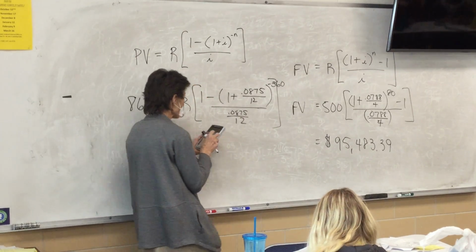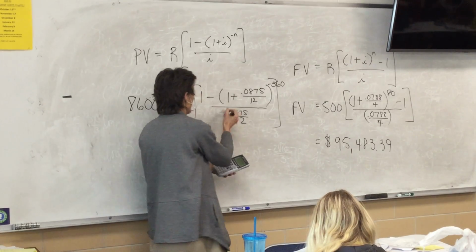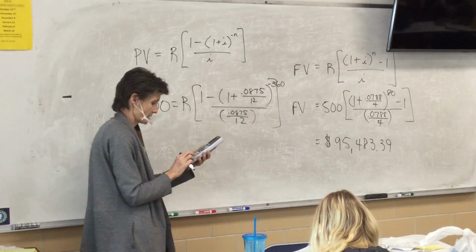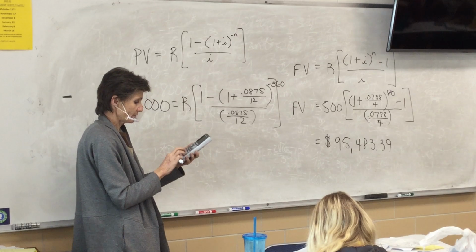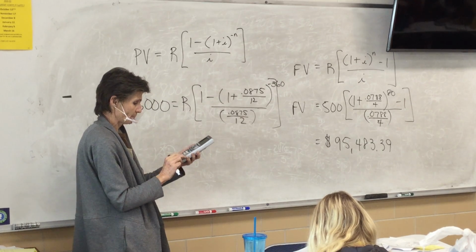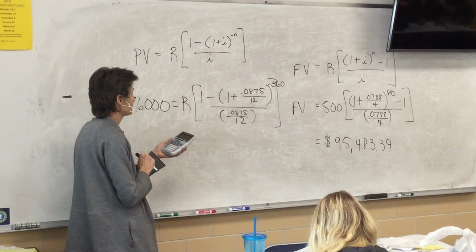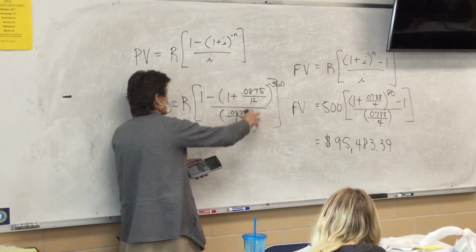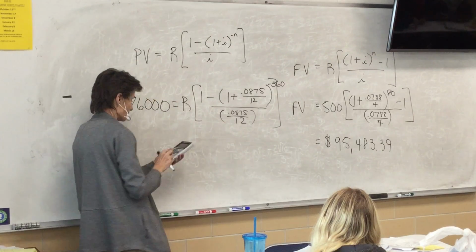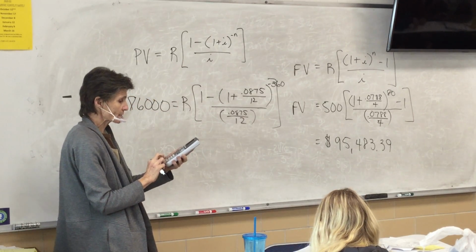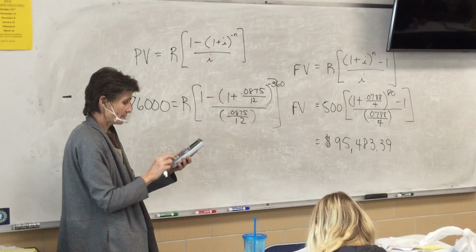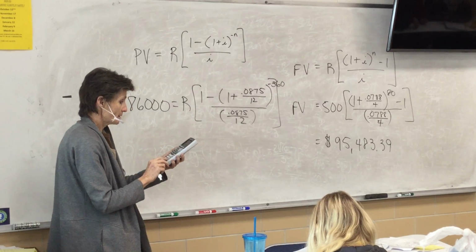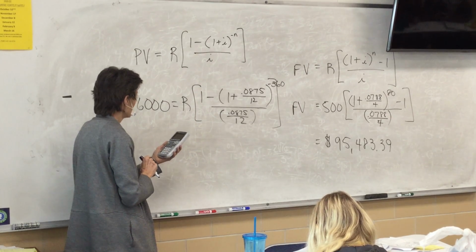Then I'm going to divide that number by parentheses, 0.0875 divided by 12. And then after I have that done, I'm going to take 86,000 and divide it by the second answer.